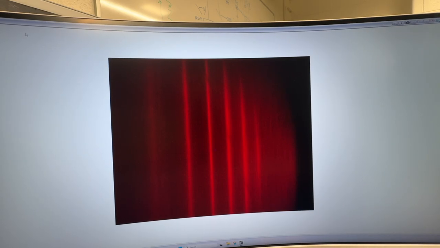Here's what the image looks like at 1 amp. Right now we're at 1 amp, and let's wait for the camera to adjust. Nothing. So we are really not going to see much until around 5 amps, maybe 4. I can't quite remember. Let's skip, because I know we're not going to see anything at 2.